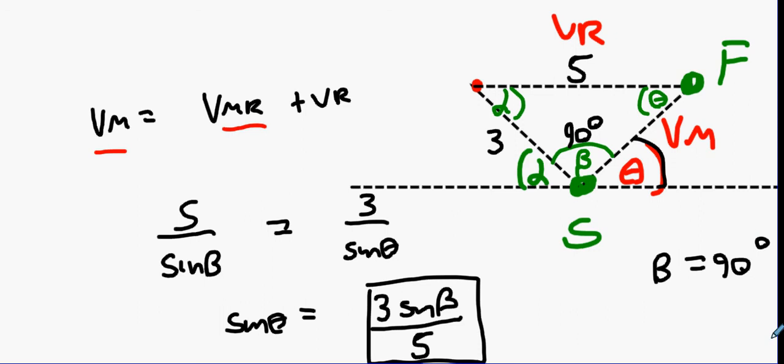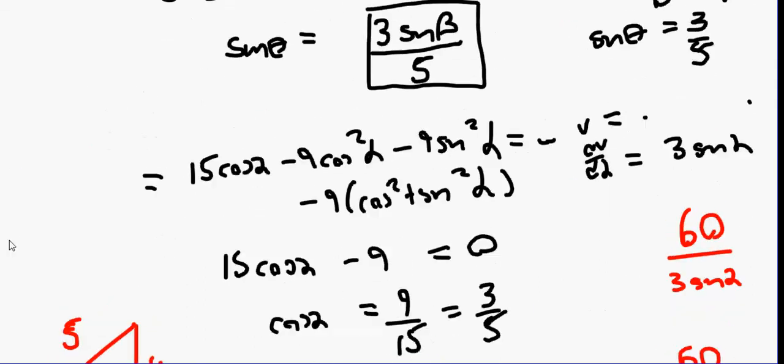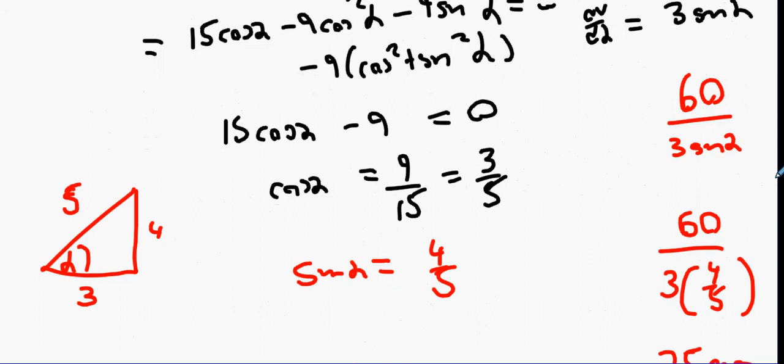So therefore, sine theta equals 3 over 5. Advantages: it's much quicker. Disadvantages: some people find it hard to remember and hard to visualize. The differentiation method might be easier to do, especially if the question is laid out like the one we just did. So there's advantages and disadvantages to both. It's definitely quicker.